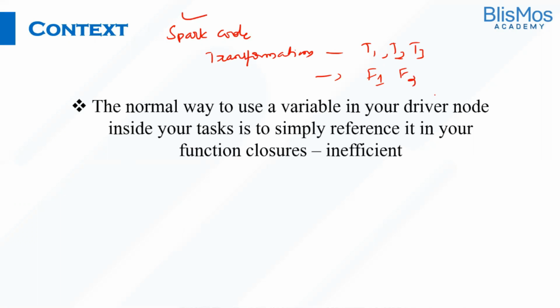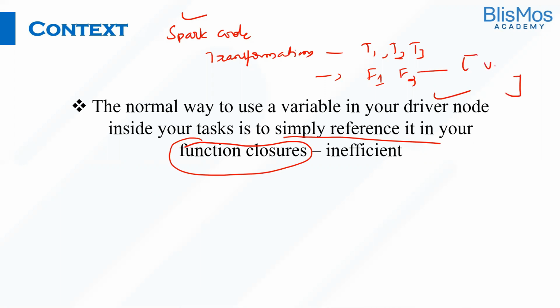Whenever we write Spark code, the normal way to use a variable from our driver node inside our task is to simply reference it in our function closure. That means you have written a function in which you have defined variable 1, variable 2, and this variable will be used within this function.